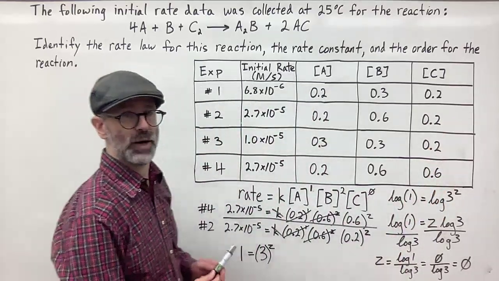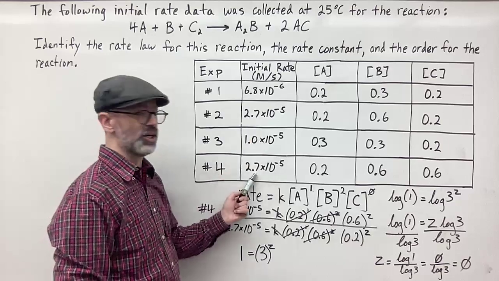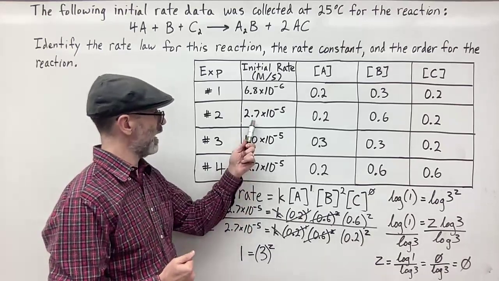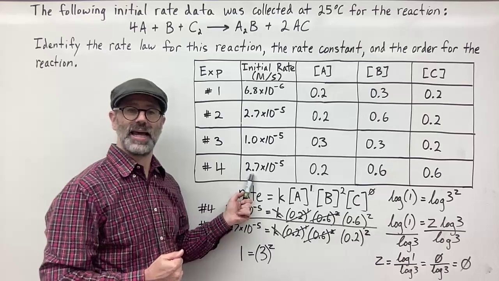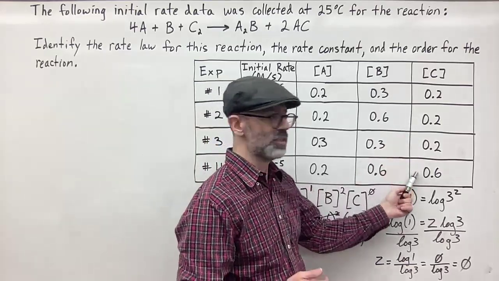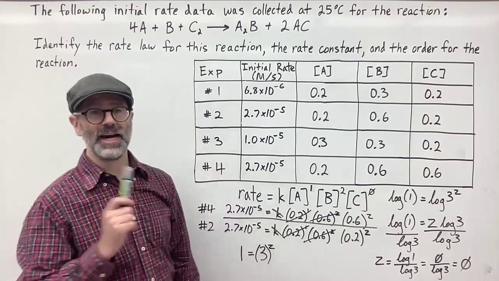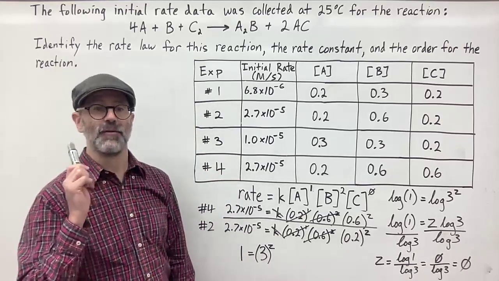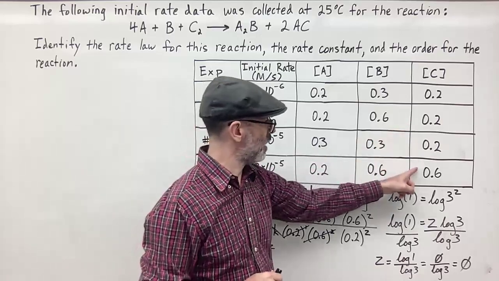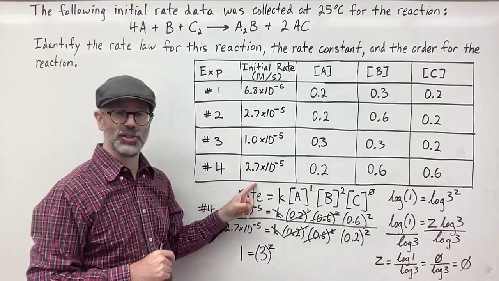But notice what happens to the rate of the reaction, or notice what doesn't happen. It doesn't change. The reaction rate stays the same, even though you change the concentration of C. That is a dead giveaway that your reaction is 0 order with respect to C, because the rate does not change.